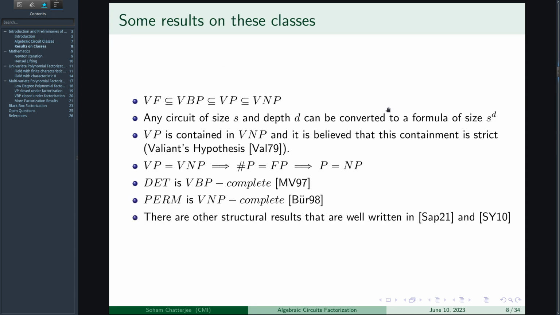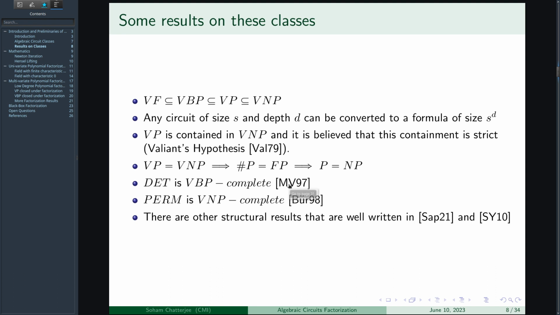Now some small results: VBP is in VF and VF is in VP. It is actually very easy if you try to construct a formula and a branching program. And VBP is in VP: you can see here that the determinant is VBP complete.